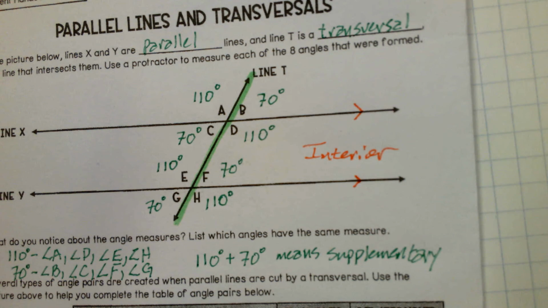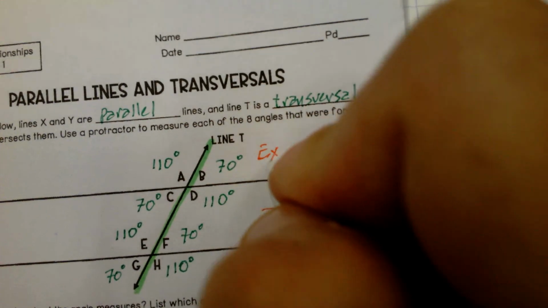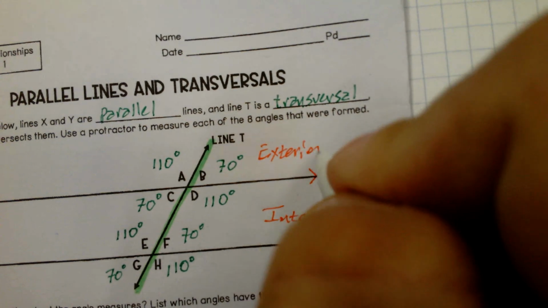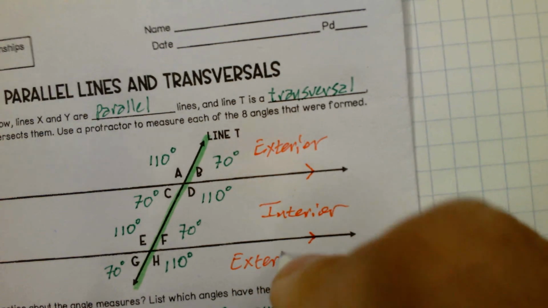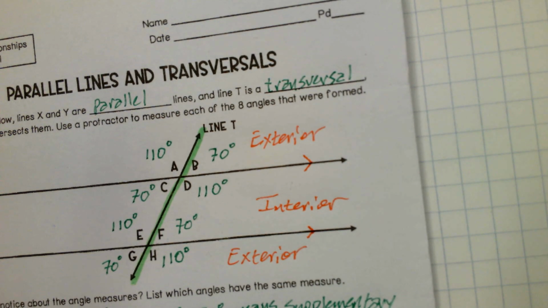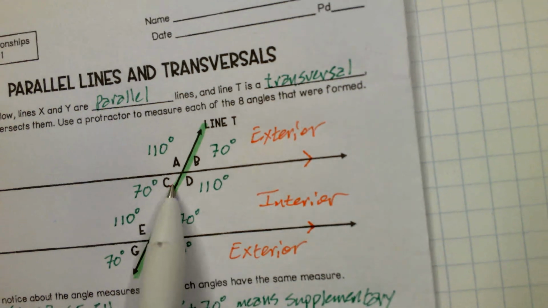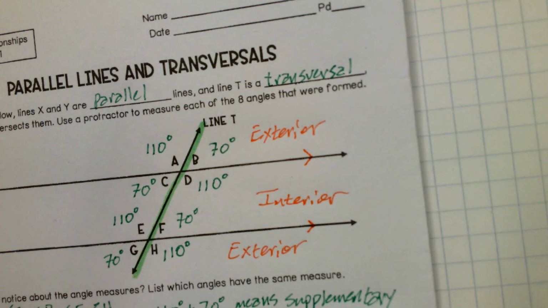Well, angles A and B and also G and H, they're not in the water. They're on the shore. They're dry. Those are exterior angles. So we've got interior and we've got exterior angles. Exterior angles here, exterior angles here. So when we start calling things interior and exterior, that's how we can tell if you're inside the water or outside the water. Okay?